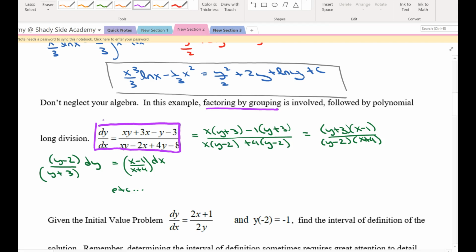It's impossible. But then if you take a look at the top here for a minute, and if you try factoring by grouping, look what happens. And look what happens in the denominator. And then what you have here is a separable diffie-Q, and here is the separation of variables.